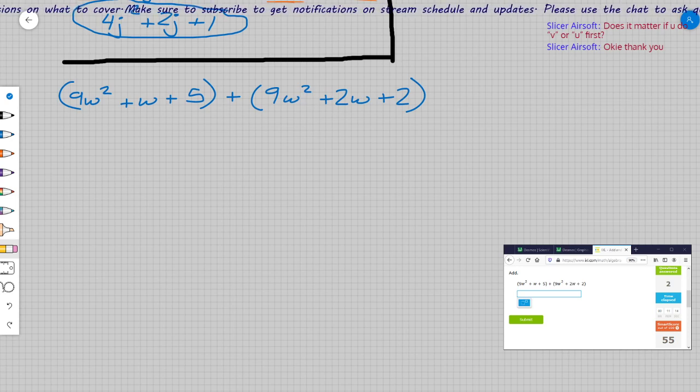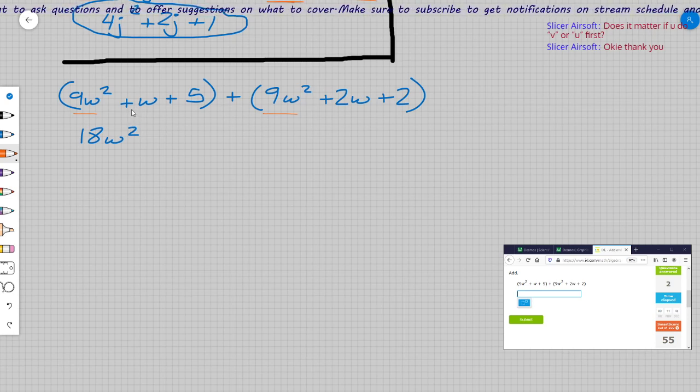Hopefully. That was weird. Okay. So we have degree of 2, degree of 2. So 9w squared plus 9w squared is going to be 18w squared. And we have positive w and a positive 2w. So this would be 3w.